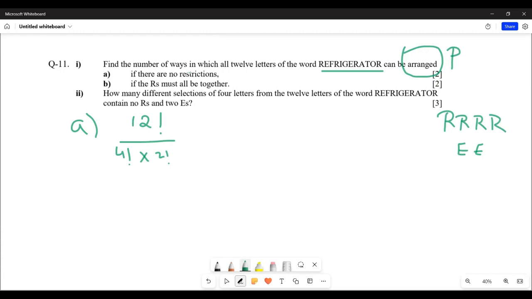I guess not. So it would be 12 factorial upon 4 factorial times 2 factorial or 12p12 upon 4p4 times 2p2, and that would give 181440.